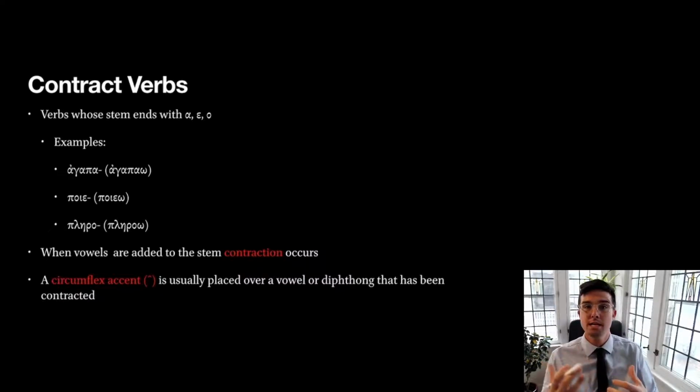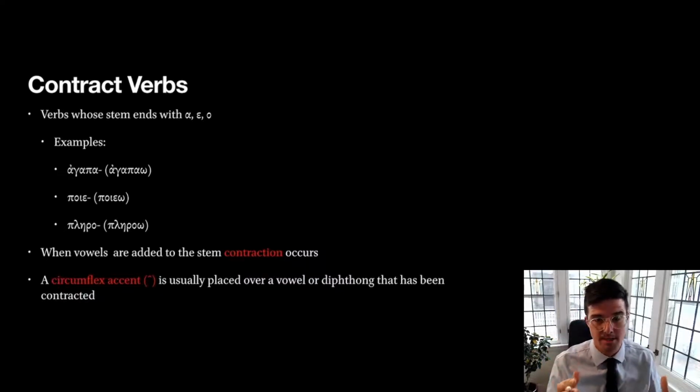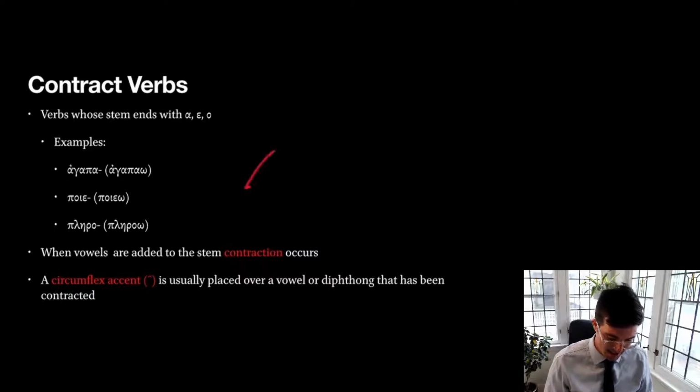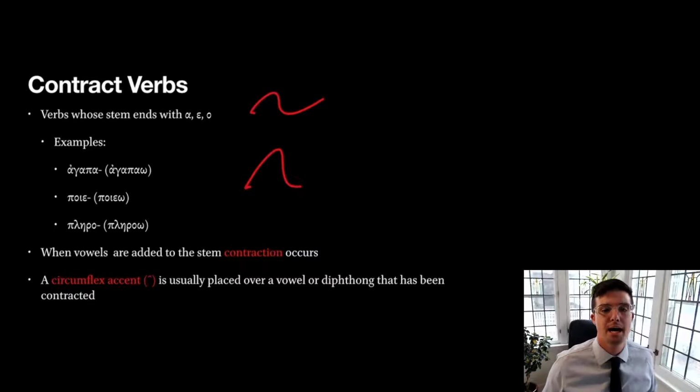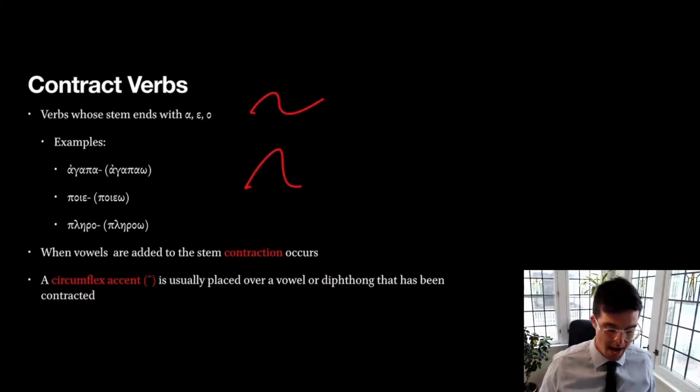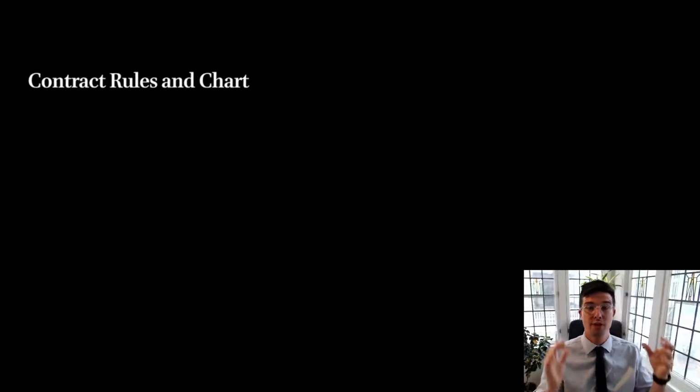There are some exceptions based on the rules of accents that you have not learned for this class, but usually about 90% of the time, a circumflex accent, which looks like this, or sometimes like this, depending on the font, is going to be added over the vowel or the diphthong where contraction has occurred.